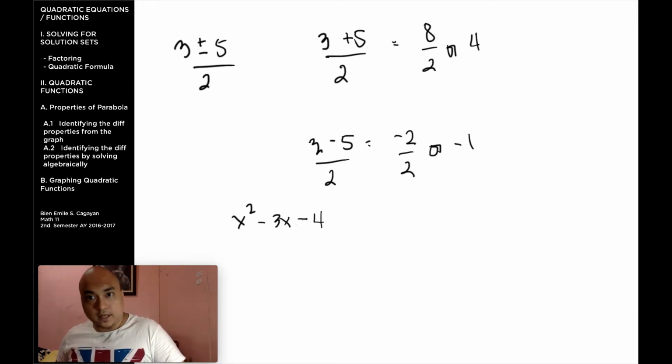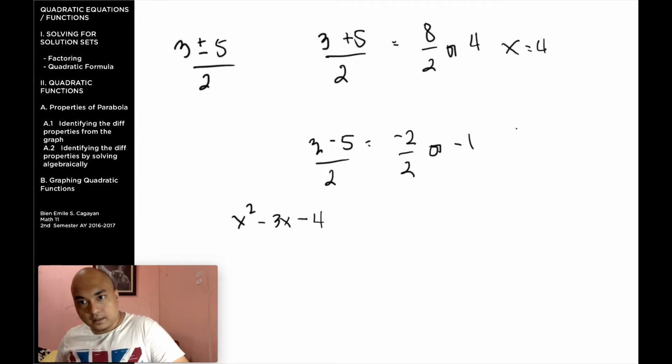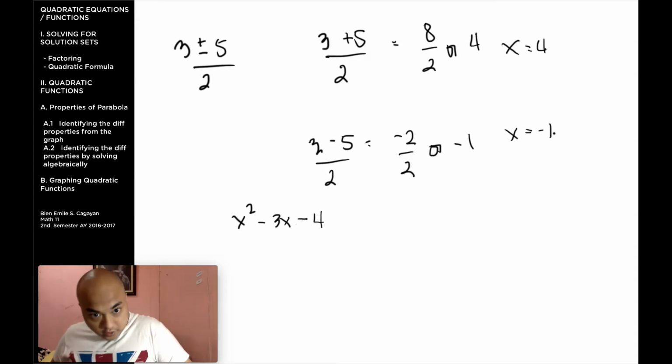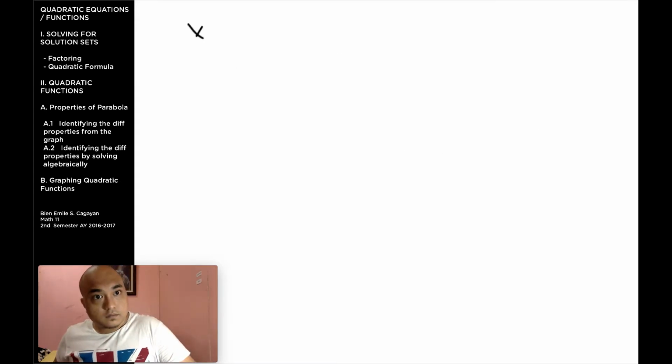So let's go ahead and try the first value of x, which is 4. 4 squared minus 3 times 4 minus 4 should equal 0.